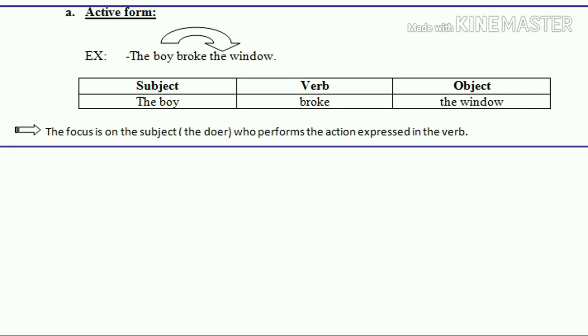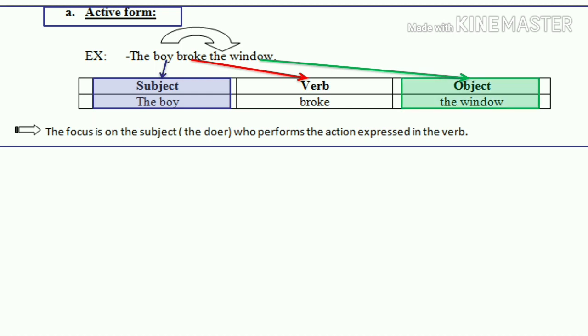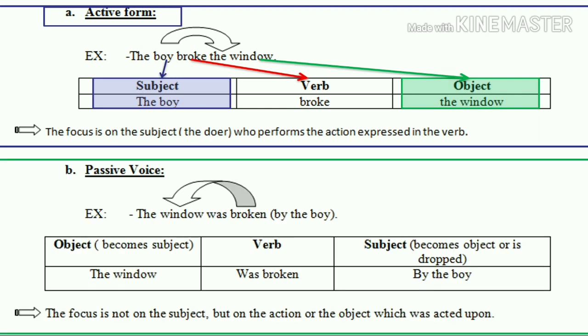Now, as we can see, the difference between the two sentences is called active and passive forms. The active form is when we start with a subject, verb, and object. The subject is the boy, the verb is broke, and the object is the window. Because the focus is on the subject, the doer of the action, the person who performs the action expressed in the verb.